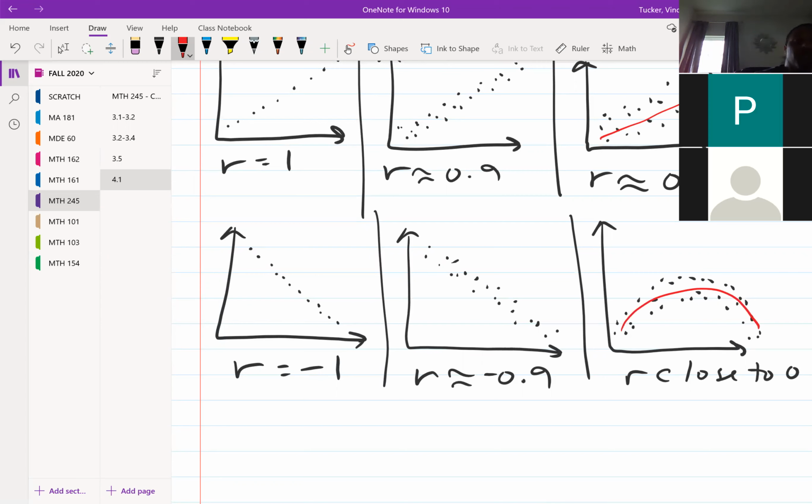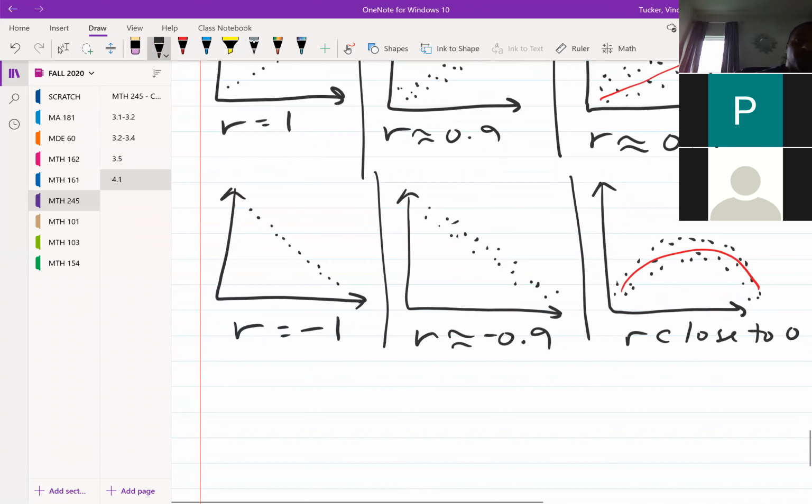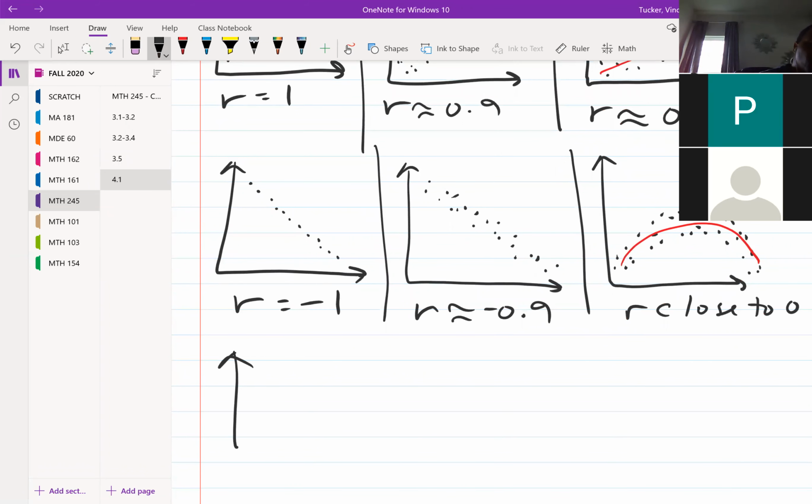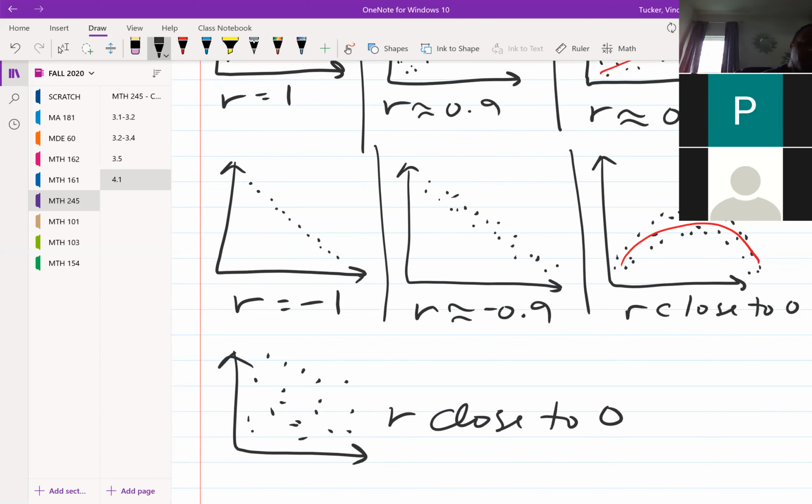This would not be a linear association, even though there is some type of pattern here. And then one more: just stuff all over the place. R would be close to 0 in this case as well, and in that case, there's no relation.